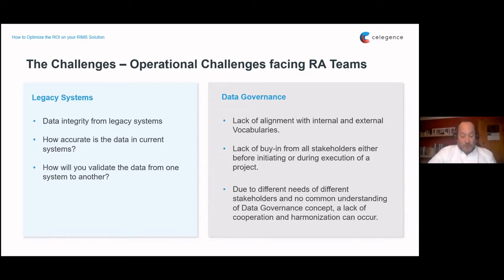So now you've chosen your new system, you need to consider how you are going to enter your legacy data into your new system. Things to consider around data integrity from your legacy systems. What I mean by that is, are there any gaps in the data required for your new system that aren't currently in your old system?